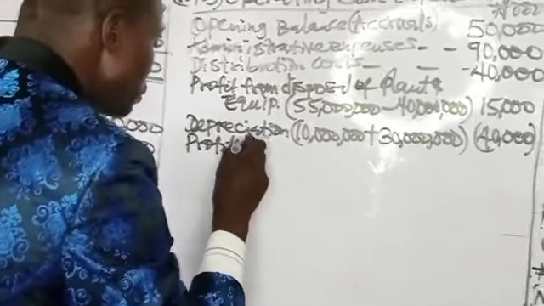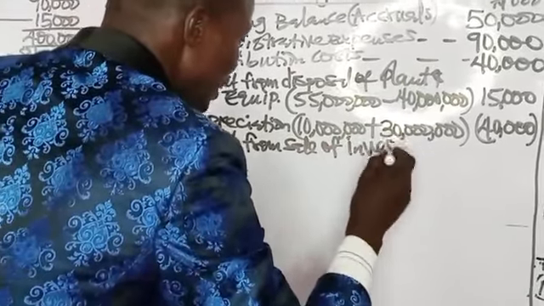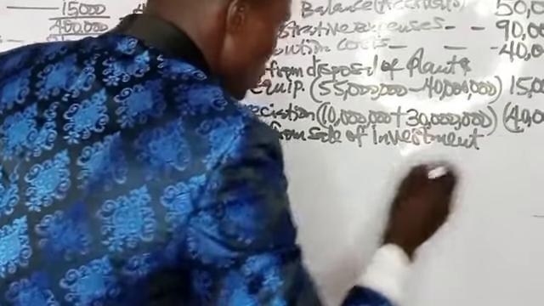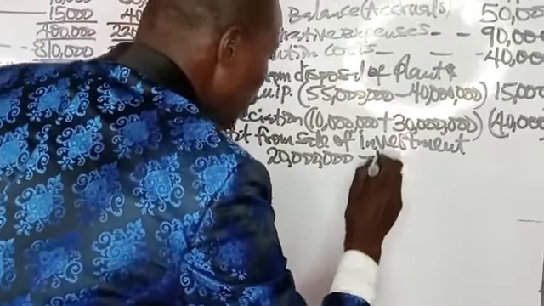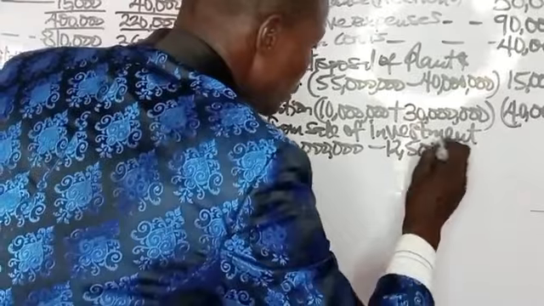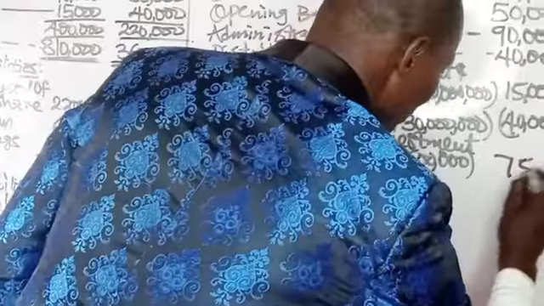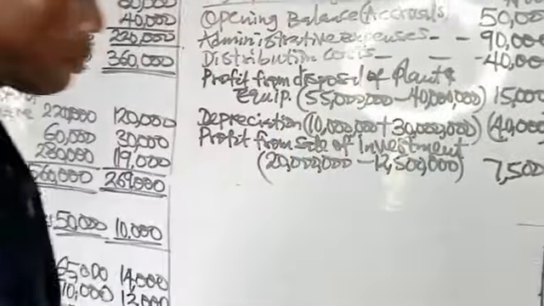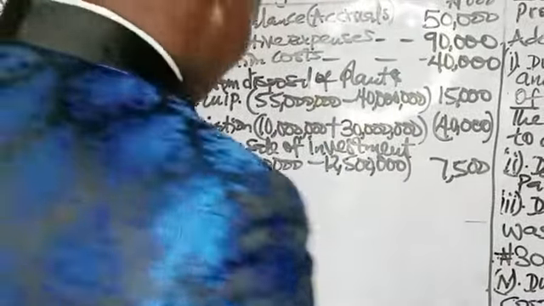Profit from sale of investment: the proceeds is 20 million minus cost of 12.5 million, being a profit of 7.5 million. Profit will be added. Note 5 is dividend received, and it doesn't affect either admin or distribution cost.